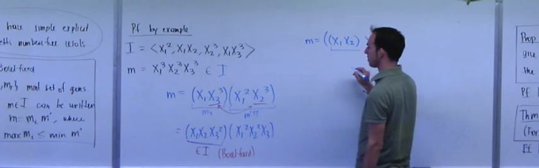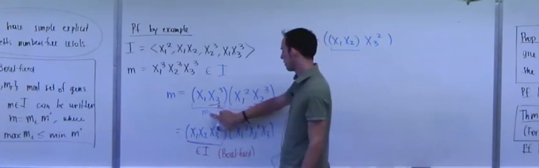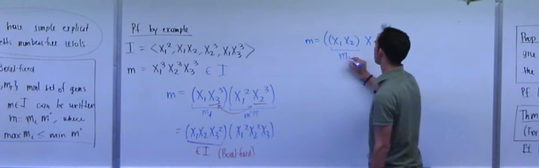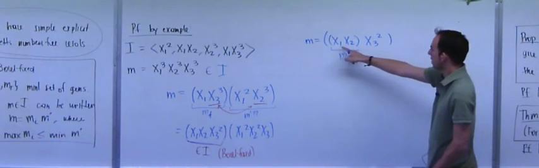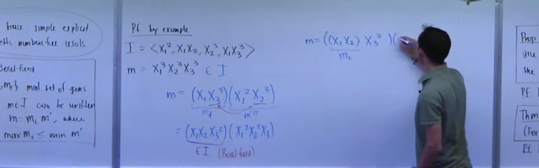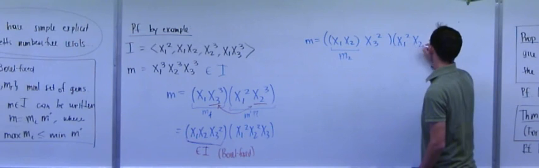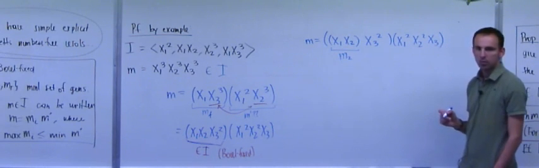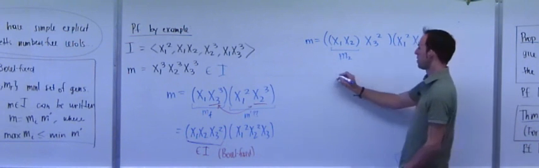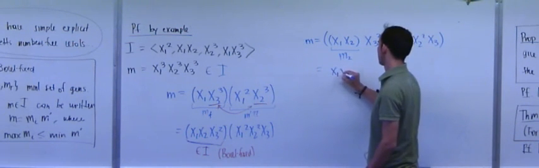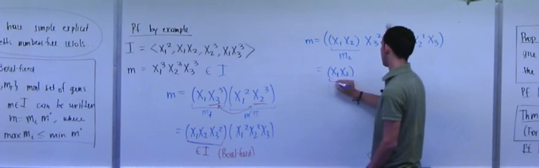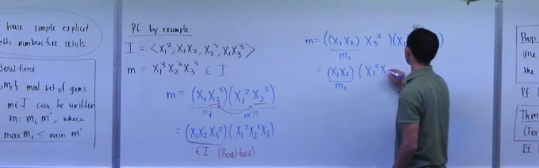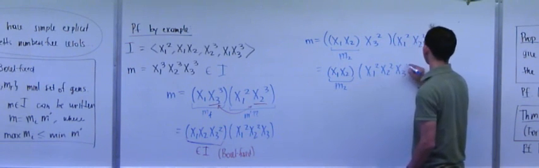This guy is, sorry, I guess this was M4, right? And now this guy is M2. It's the second generator. So I get x1, x2, x3 squared, and x1 squared, x2 squared, x3. Okay? And now I have a new way of writing M as one of the mi's. In this case, it's M2 times some other stuff.